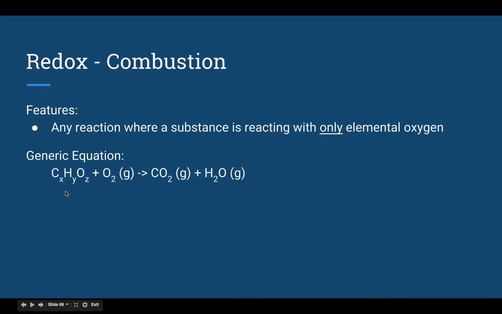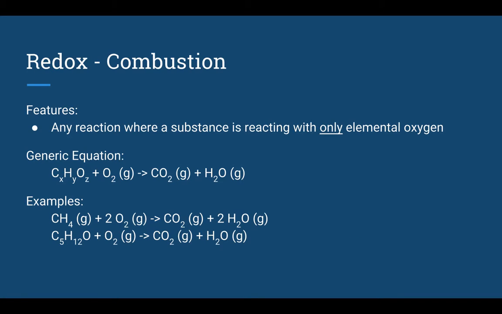Things like cellulose in wood are composed of carbon, hydrogen, and oxygen. When you burn them, you end up getting CO2 and H2O being produced. So some examples here: we've got methane gas reacting with oxygen, and we're getting CO2 and H2O. Based off the formula of the compound you're combusting, we're going to get different ratios of these substances.